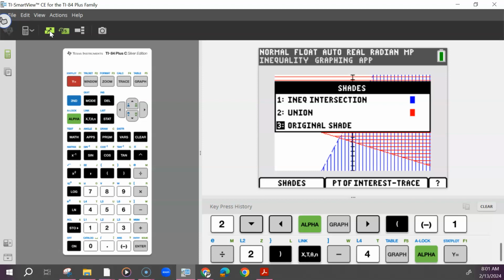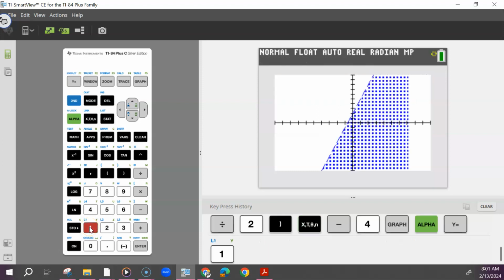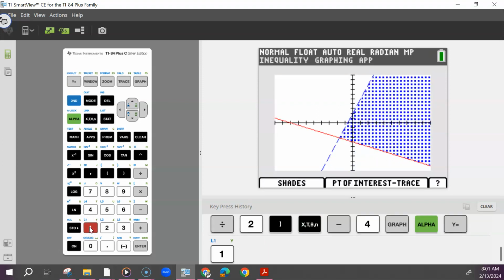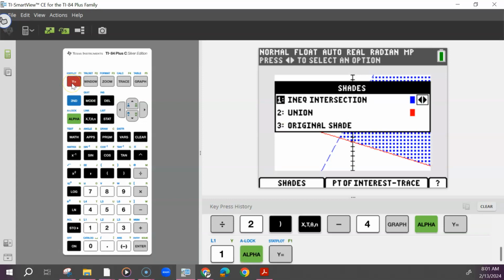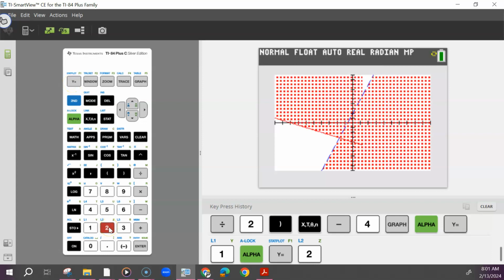If you go into the first one, it'll show just the overlapping section. So if you wanted to double check, is my overlapping section correct, you could do that. The second one doesn't really help you at all, so I would say avoid using the second one. The first and the third are great, but the second one is just showing literally everything. So that doesn't really help you.